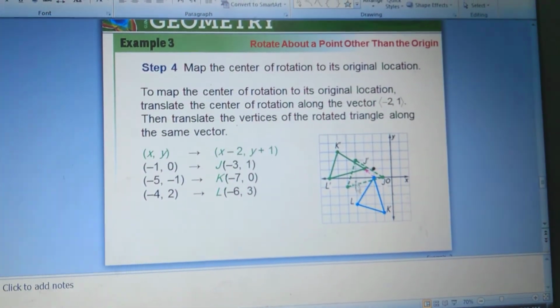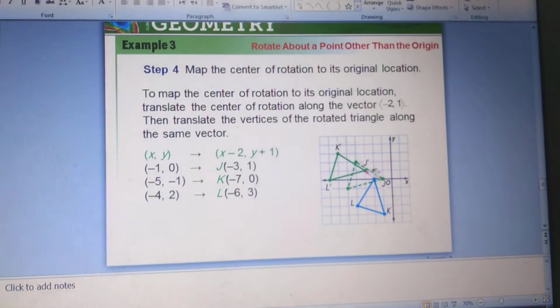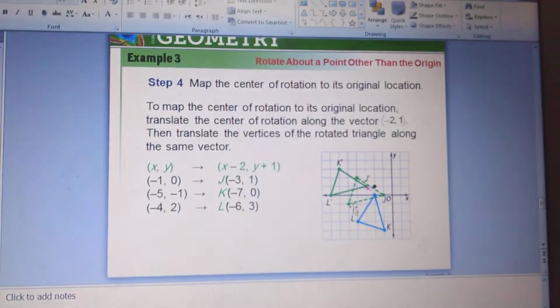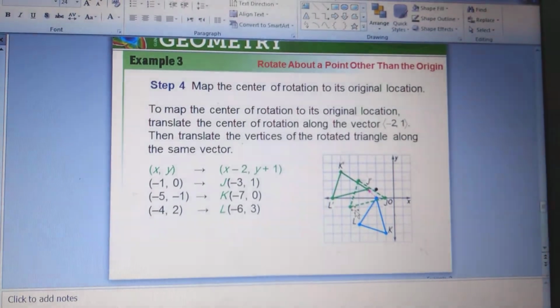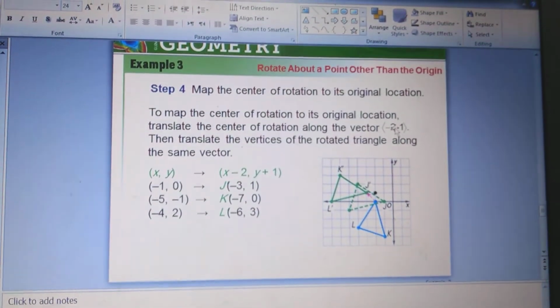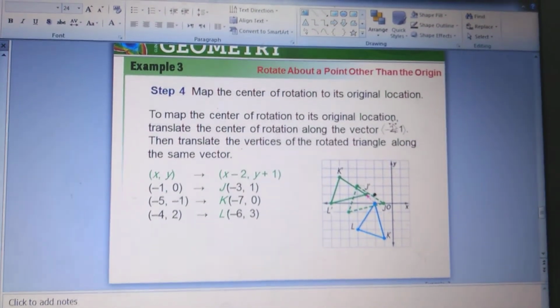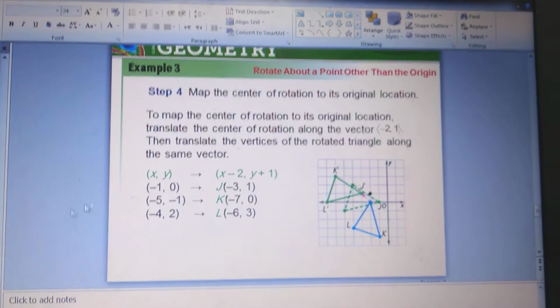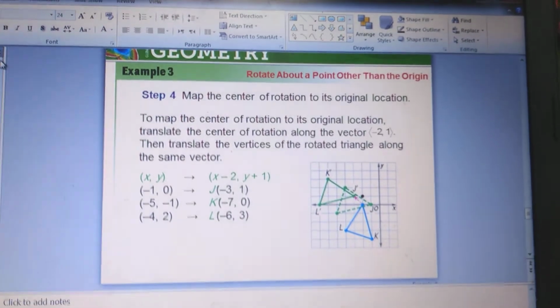After I rotate 270 degrees, I get this one. This one, I translate it again, but this time I use the center exactly. I don't change anything. You remember this, (-2, 1), which was the center of rotation.